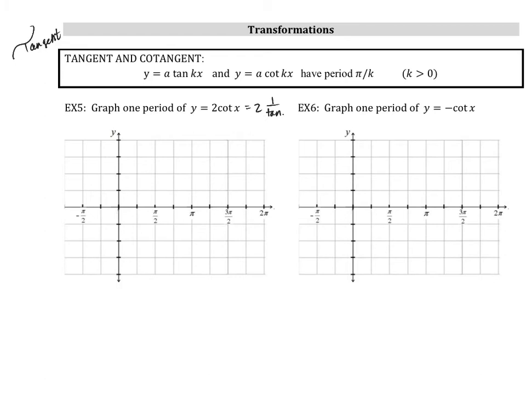And where are our asymptotes? Well, this would be x over y. So on the unit circle, where is the y value 0? Which happens at 0 and 2 pi.